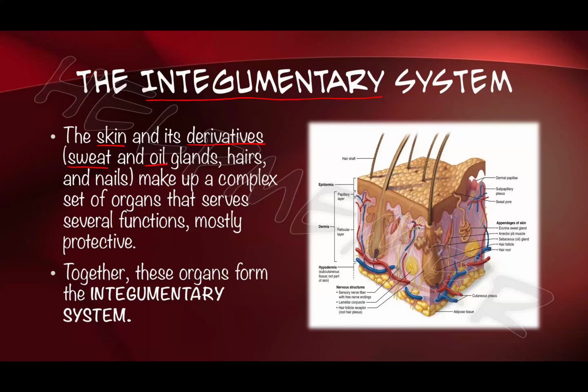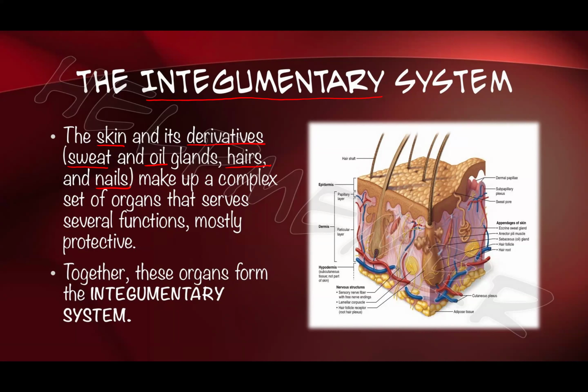Sweat, oil glands, hair, nails, everything that kind of makes the skin the skin. And this whole system is essentially working together. Each of those derivatives are going to be considered parts of the different types of organs. So when you're seeing this, the skin is a large organ.